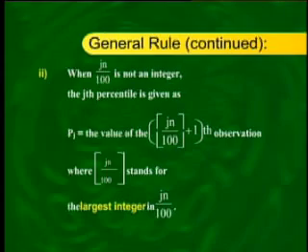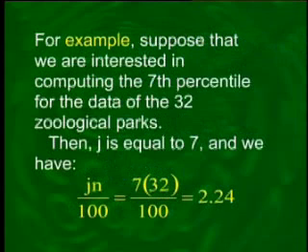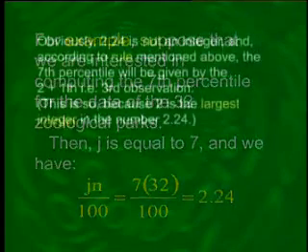And using the same example that we were just considering, suppose that we are interested in computing the 7th percentile for the data of the 32 zoological parks, then j will be equal to 7, and we will have jn over 100 is equal to 7 into 32 divided by 100, and this is equal to 2.24.